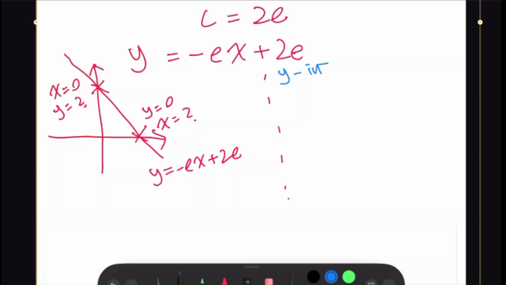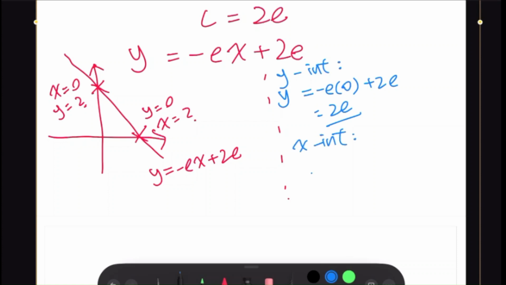To find the y-intercept, we sub in x equals 0, so y equals negative e times 0 plus 2e, which equals 2e. So y equals 2e is the y-intercept, and to find the x-intercept, we sub in 0 equals negative ex plus 2e, and then x would just be 2.